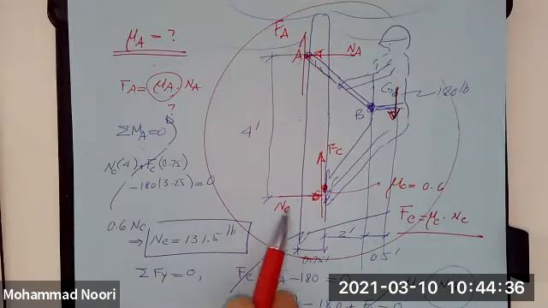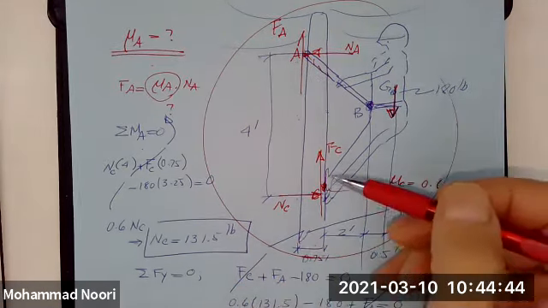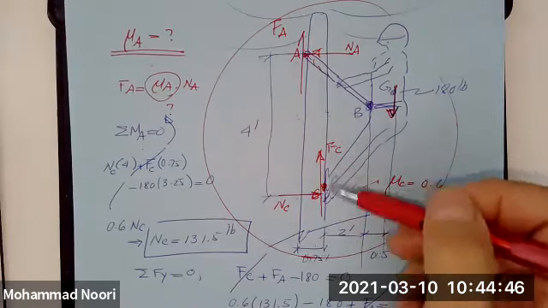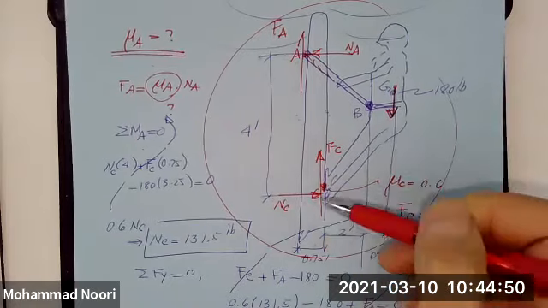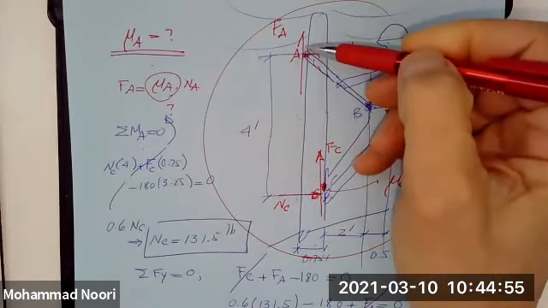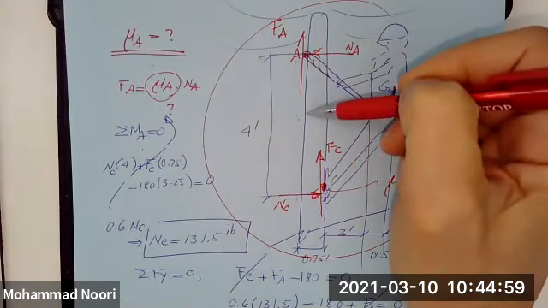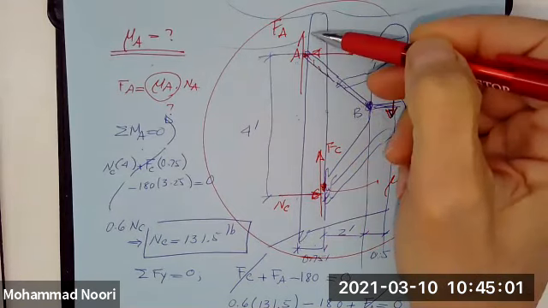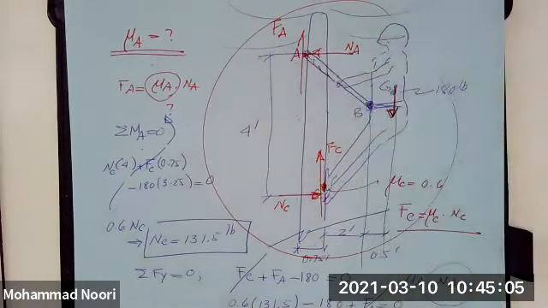So the direction of the normal force is always perpendicular to the potential direction of motion. This guy's shoes are sliding along this pole, so this normal force has to be perpendicular to the pole. And the belt is also sliding against this pole, so the normal force has to be also perpendicular to the pole.